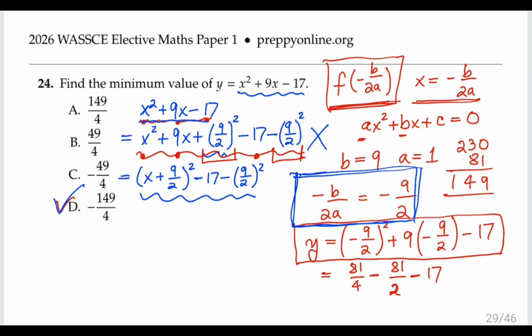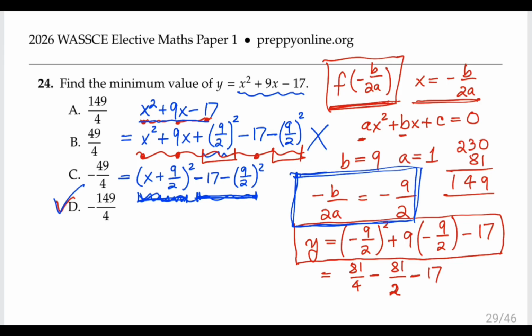And the answer is yes, because we are going to use an idea about squared numbers. You have this x plus 9 over 2 all squared. So this one depends on the value of x. And then you have here minus 17 minus 9 over 2 all squared. This does not depend on x. This is a constant.